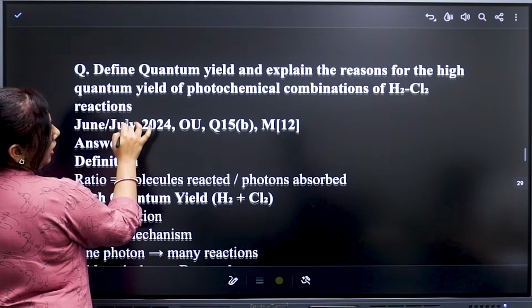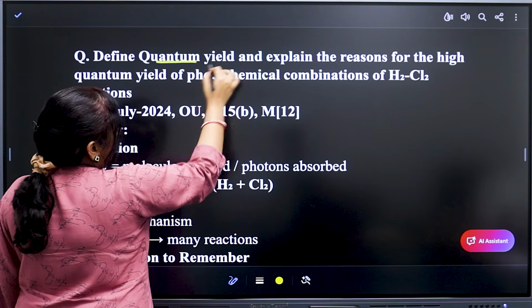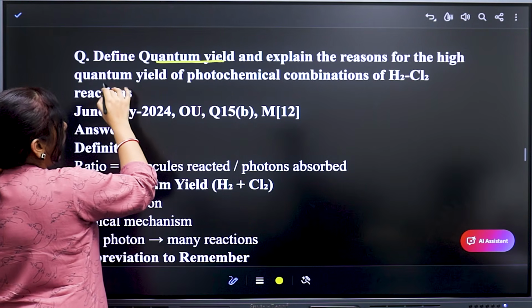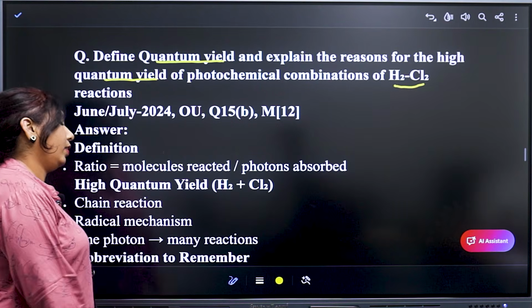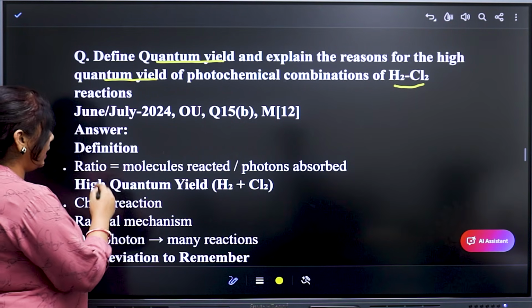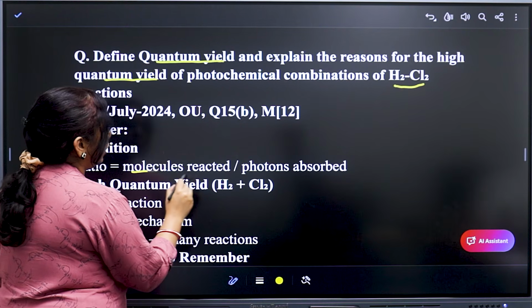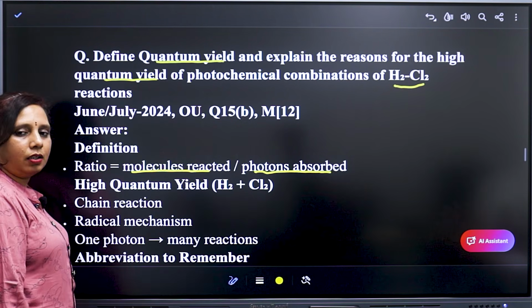The next question is quantum yield and explain the reasons for the high quantum yield of the H2 Cl2 reaction. So what is quantum yield? We have to understand that first. Quantum yield is the ratio of molecules reacted to photons absorbed.